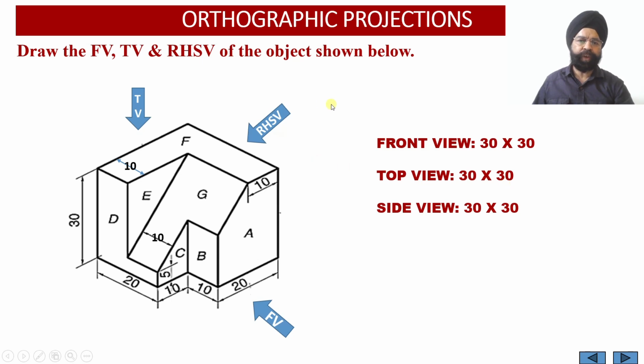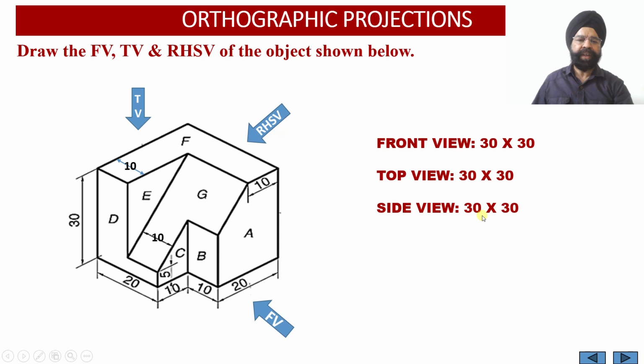Now when we are viewing the solid from the right hand side, we observe that the depth of the solid happens to be 30 millimeter and the height of the solid is also equal to 30 millimeter. So the side view face is also a square having an edge equal to 30 millimeter.